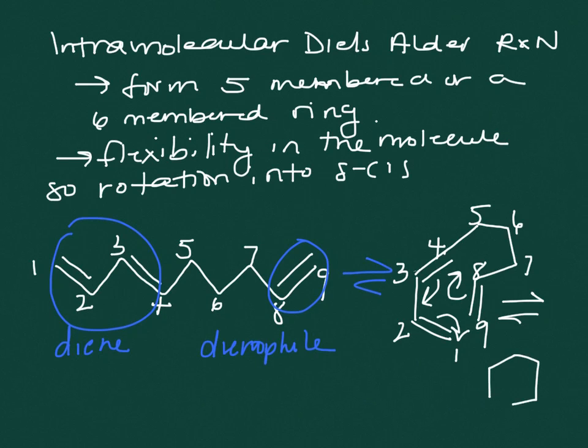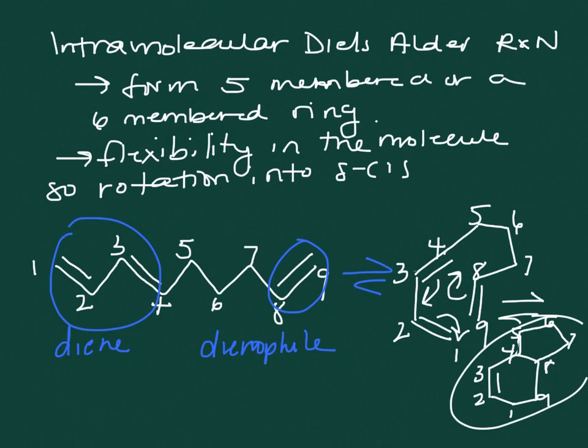Here's the cyclohexene that results from the Diels Alder, and then we form a 5-membered ring on top. And I will number just so you can see where all the carbons belong. Here's our product.